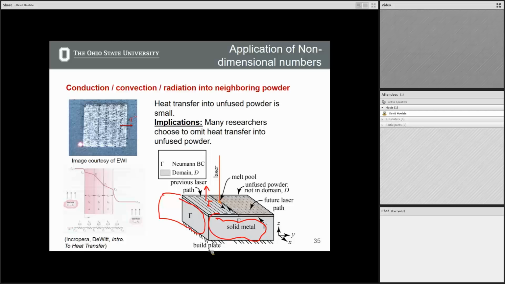On Thursday's class, we'll have Ryan present either at the beginning or end, whatever you prefer, and then we'll go into more of these details. So we've started to build up what's surrounding this domain, right? We have mostly Neumann boundary conditions everywhere here, except for this build plate. We'll talk about what that looks like on Thursday. All right, see you on Thursday.